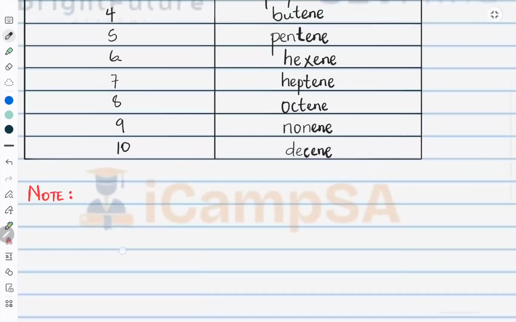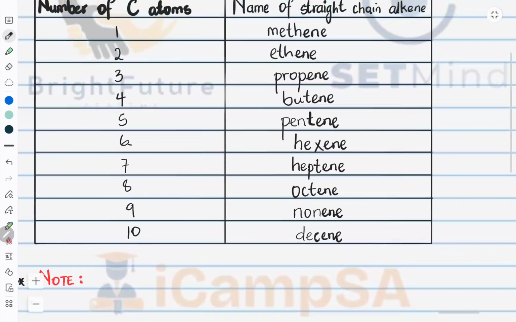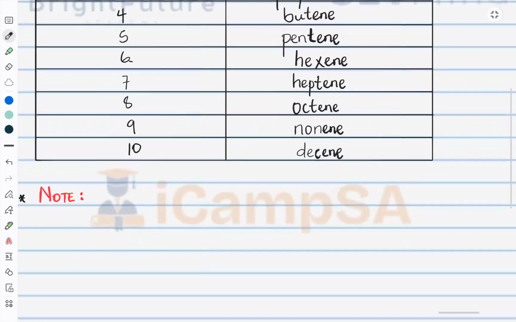And also, after propene, we have to start considering the position of the double bond along the continuous carbon chain. So we can't just come and say it's called butene, for instance, right? It becomes something else.